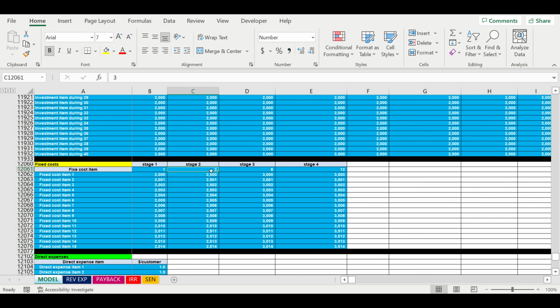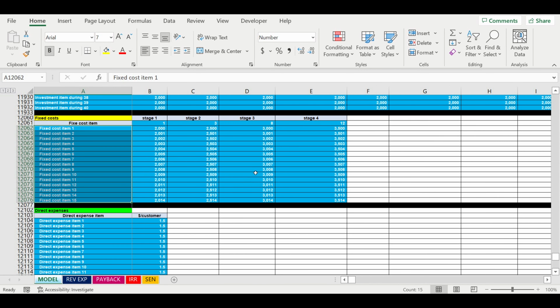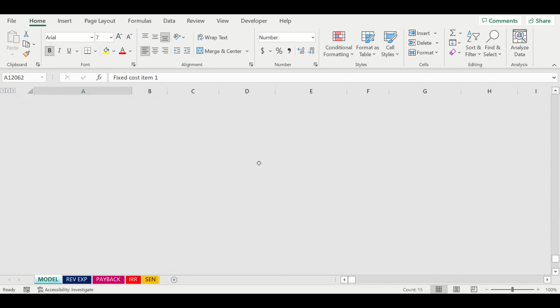On the third month of operating activity we have these values. On the 8th month of operating activity we have these values, and on the 12th month and further we have these values of fixed costs. So we can also change these values, specify fixed costs articles, and they will be completely automated.